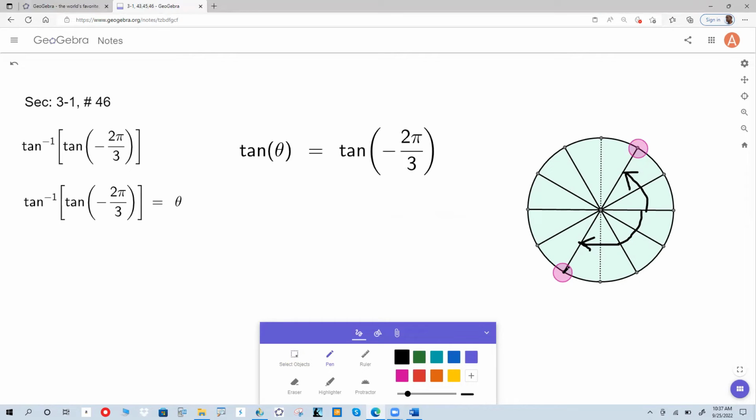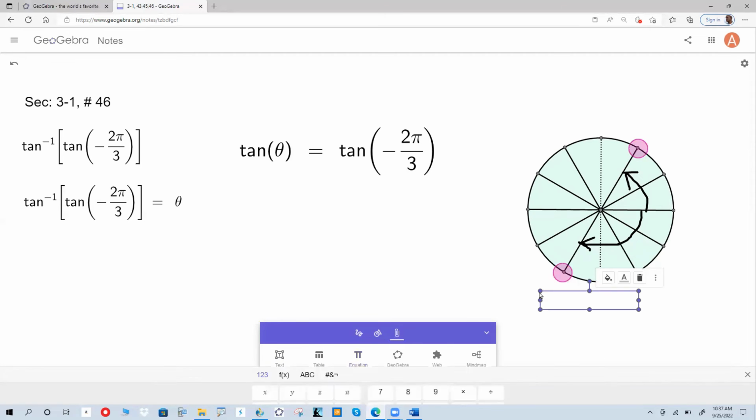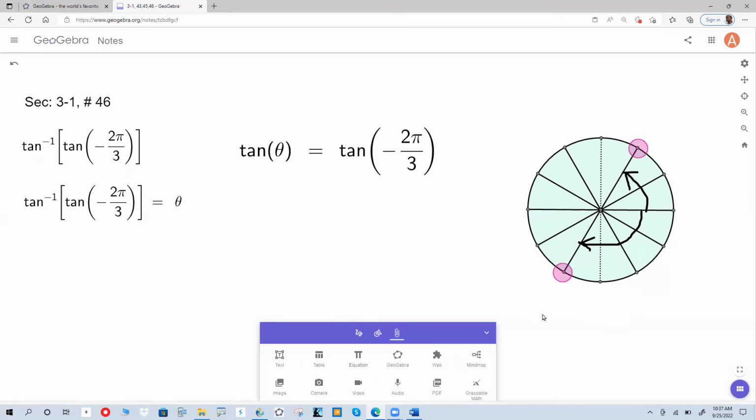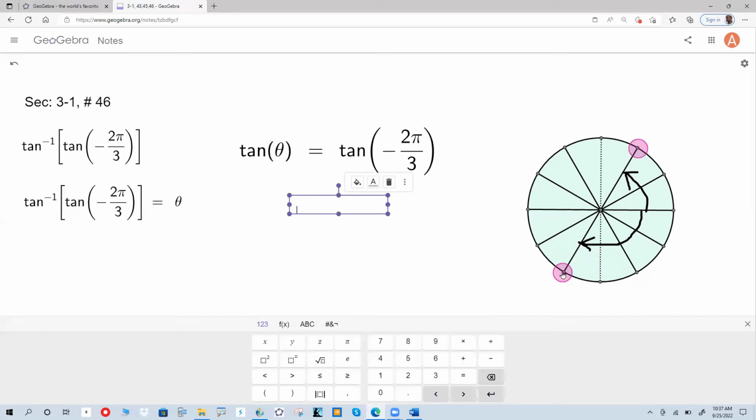So right here, I can even write the values if you want me to. Let's write it down carefully. So from the unit circle, you can determine that this point is what I'm interested in right now.